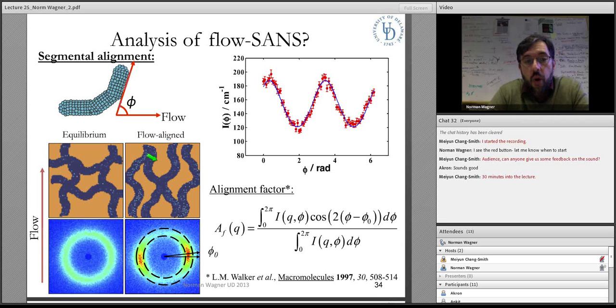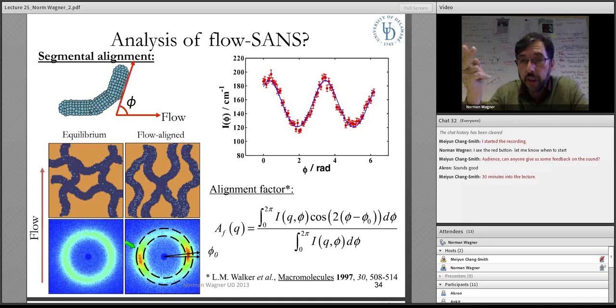Under flow, I will orient these chains, preferentially, for example, along the flow direction. That's one option. And if I do, the ring will turn into something that has maxima and minima in it. The maxima here correspond, as you know, from the reciprocal relation of scattering, to objects aligned along the vertical axis, because the scattering is more intense than along the horizontal axis.